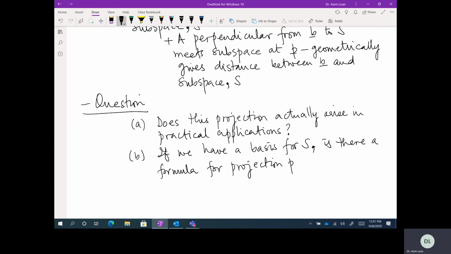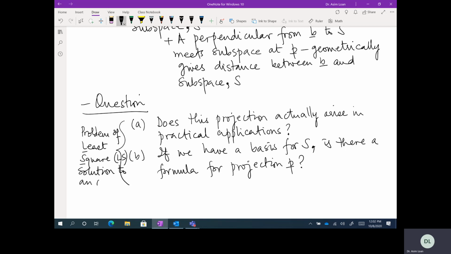So this is actually related to the problem of least square solution, LS, to overdetermined systems, where you have the number of equations greater than the number of unknowns.